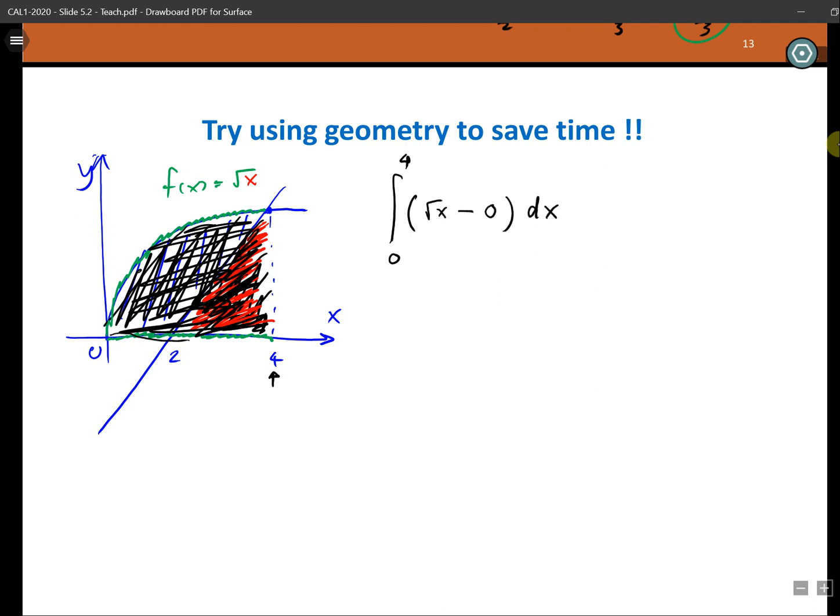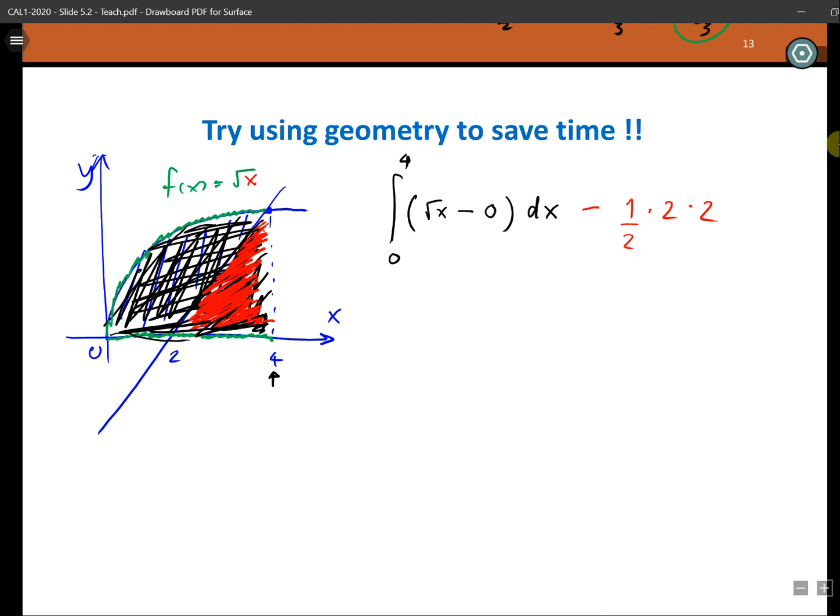But then we don't want the black area. We want to get rid of some of it. So we want to get rid of this triangle. So it has to be minus the area of this triangle: 1 over 2 times the base, that is 2, times the height. Alright, after this, just do the computation.